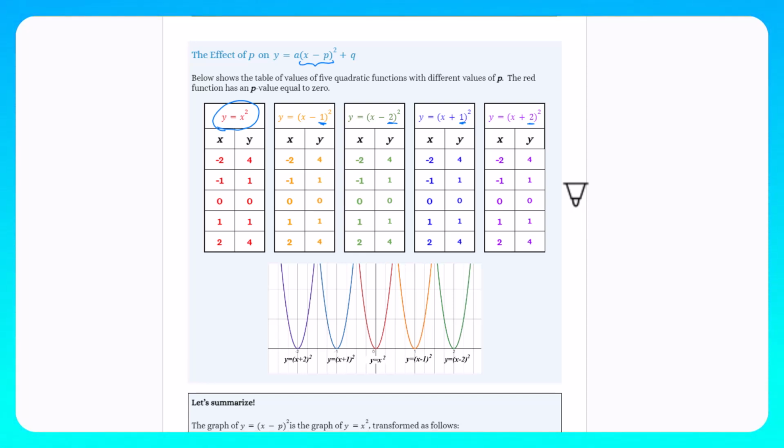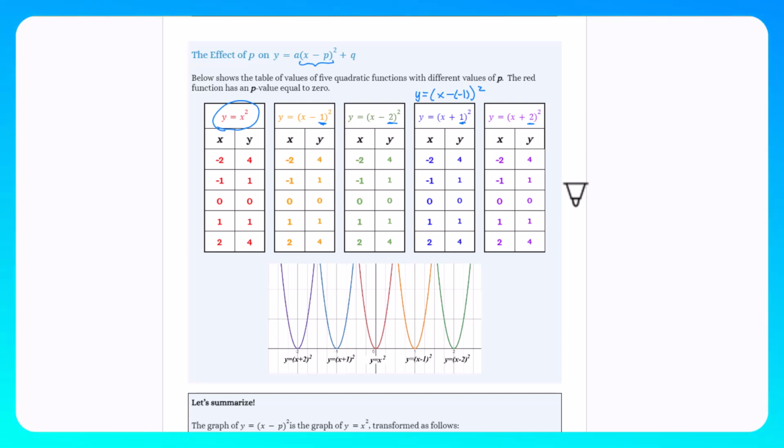For instance, in this one right here, I would actually rewrite this to make it look like that one by doing this. So I say y equals x minus negative 1 squared. When I do that and simplify it, it comes back to the positive. So let's look at the bottom here.